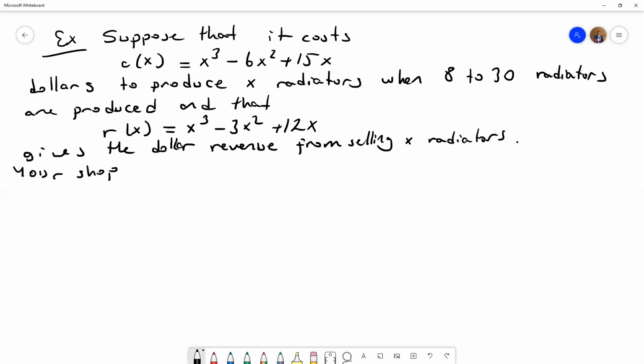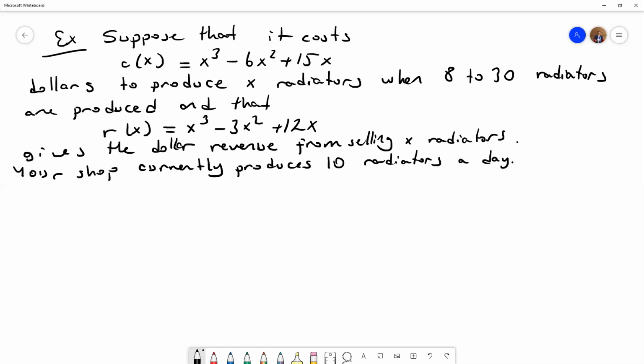Your shop, it says you have a shop, and your shop currently produces 10 radiators a day.